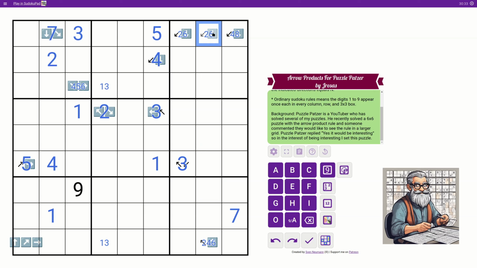So I know definitely that there's a 6 here. I don't know which one is the 6 though. And that means either this one is a 1 or this one is a 1 or 2. Yeah, that's not useful.